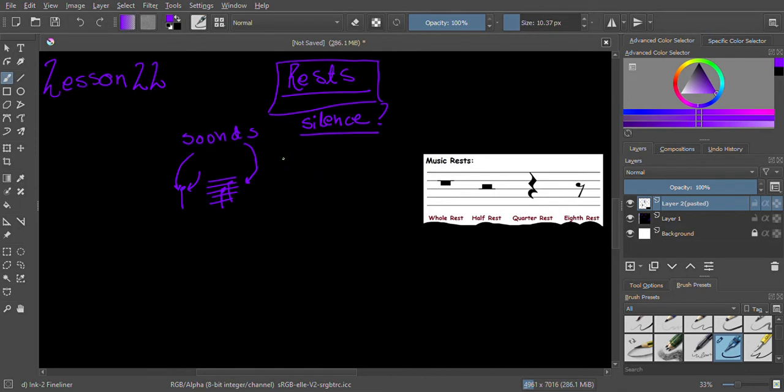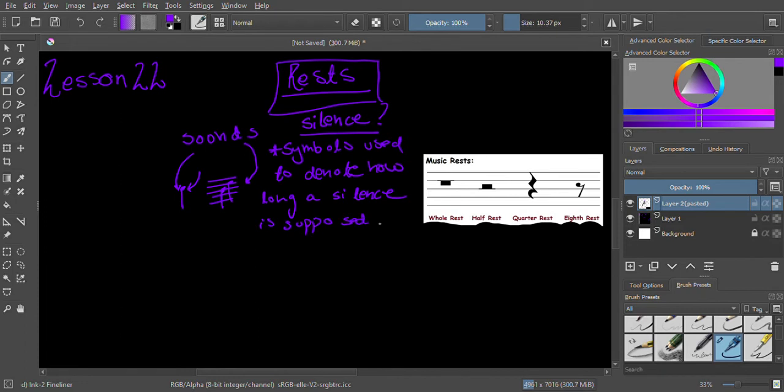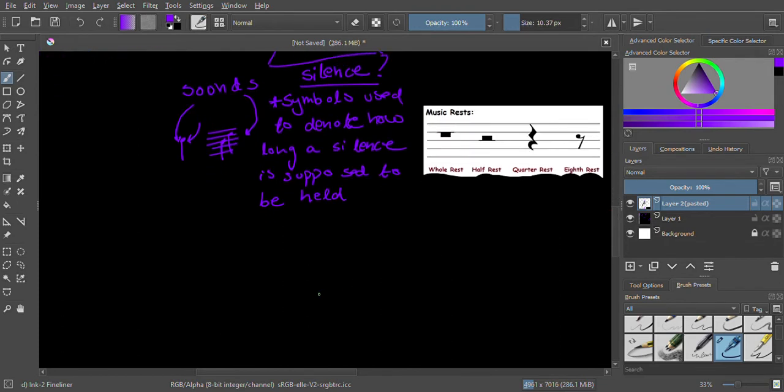So rests are symbols used to denote specifically how long a silence is supposed to be held. They're extremely similar to notes in the sense that they come in many different types, and their values are analogous to a lot of the note values which you have.